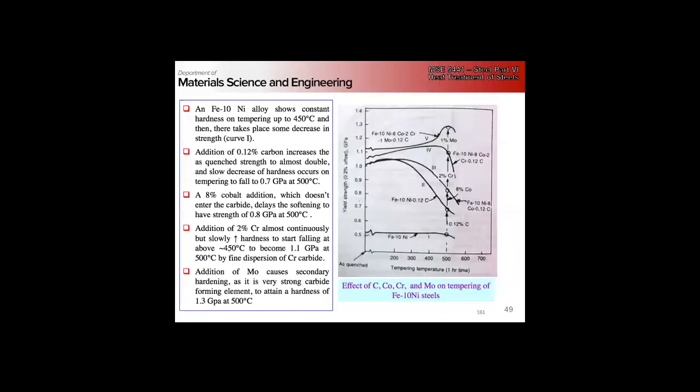You can see how, if we start with just iron nickel, and then we add some carbon, we add some chromium, we add cobalt, molybdenum, and that's 5, not a B, I'm sorry. Right, and then add some molybdenum, we can see we get really drastic changes in high temperature properties with respect to the alloy composition.